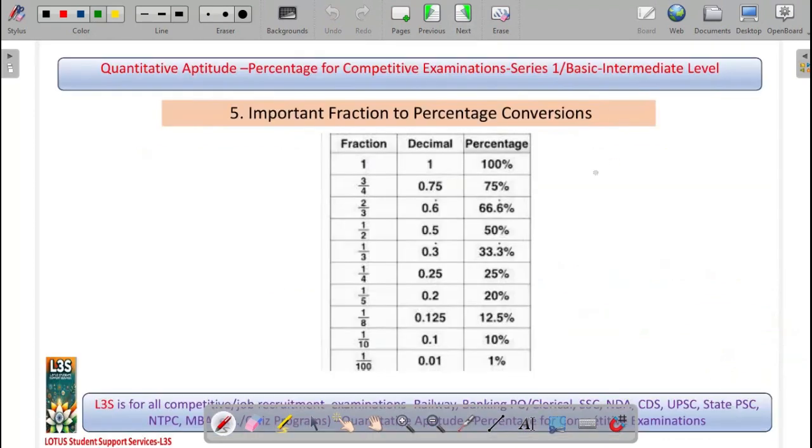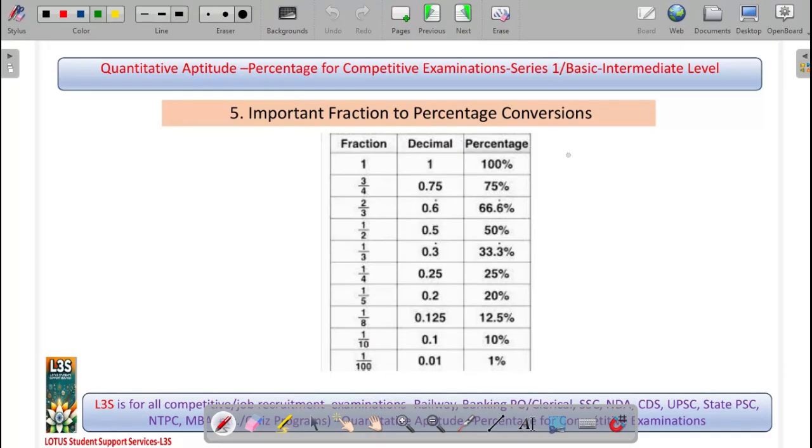Now there are some important fractions we must remember. These are the common fraction to percentage conversions, and these are very useful in exams where time is limited. So you have to remember them. If the fraction is 1, then decimal will be 1, percentage will be 100%.